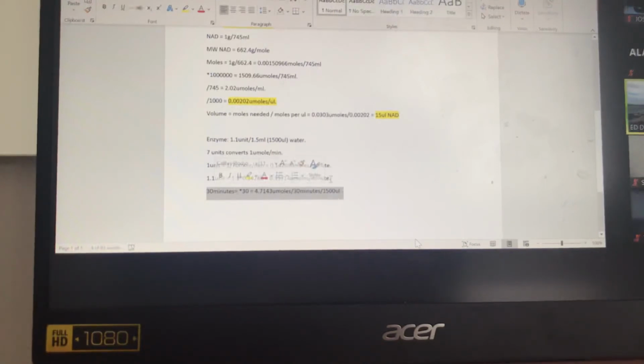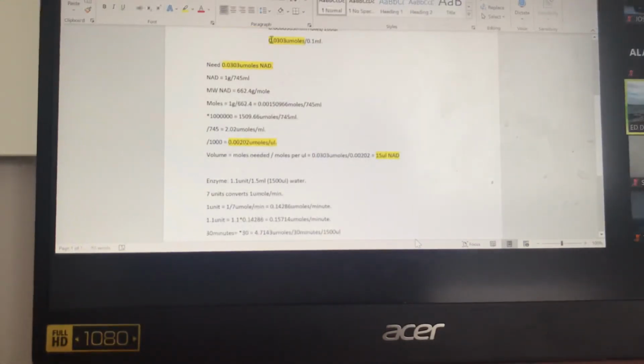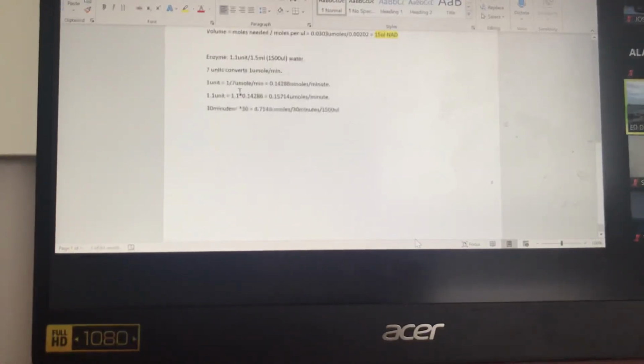So if we use the whole volume and use the whole time available to us, we can convert 4.7 micromoles. We only need to convert this number of micromoles. So this is our target, remember? So we only need to convert that number of micromoles of phenylalanine.